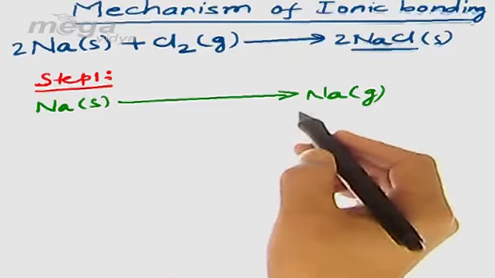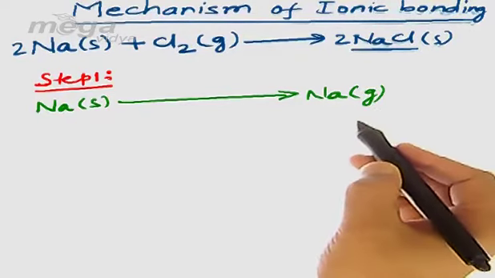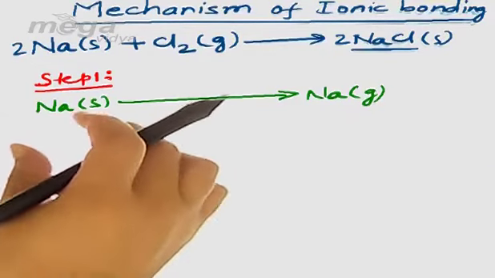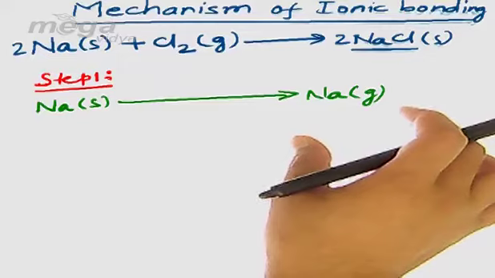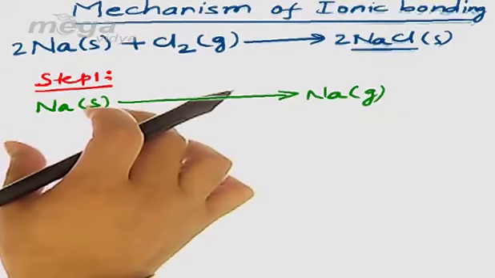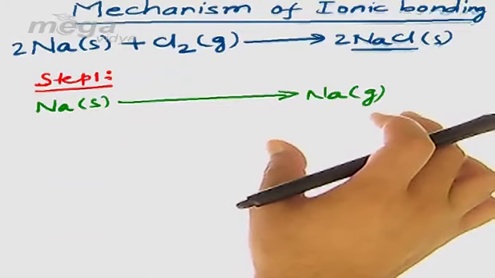Now it is quite evident that whenever we have to change the state of a matter, like here we are changing the state of solid sodium into gaseous, in a solid the particles are held to each other through a very strong bonding force, whereas in a gas the particles are loosely packed, very far apart from each other.